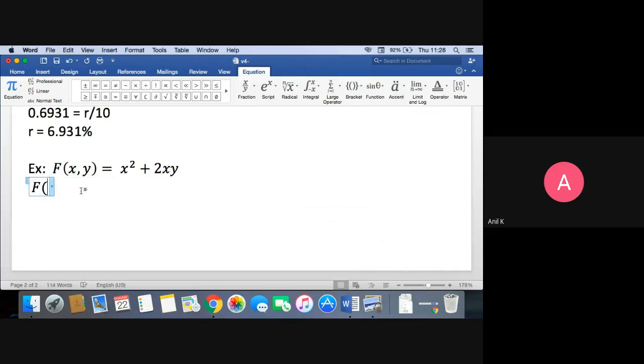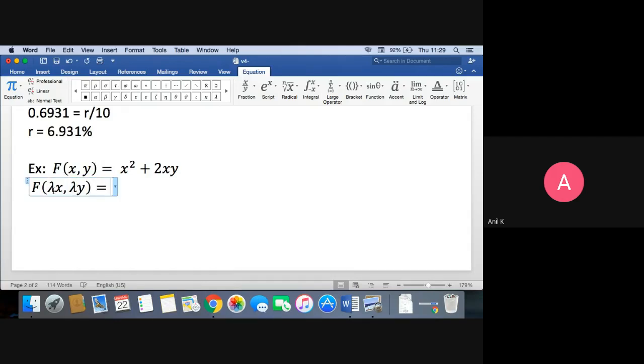So f of lambda x comma lambda y. Let me copy this lambda x, comma, lambda y.